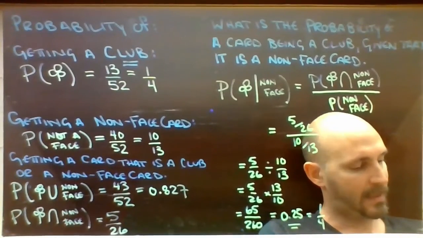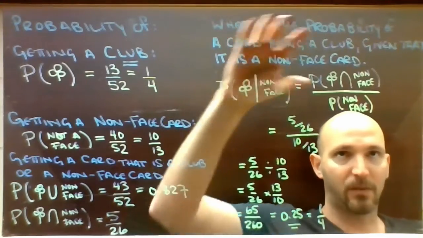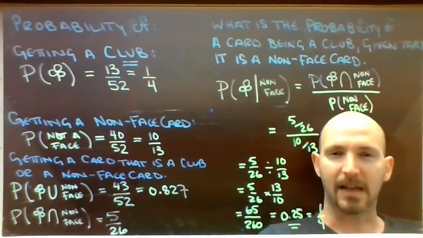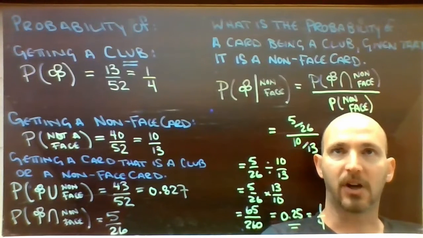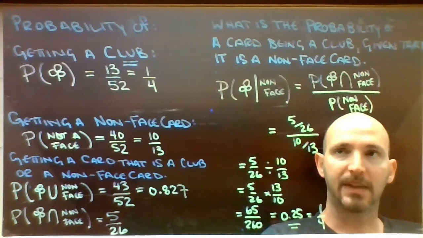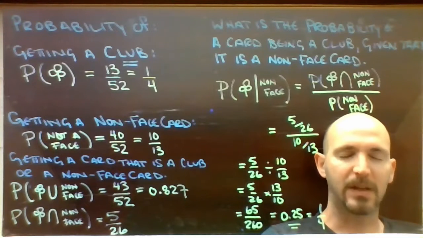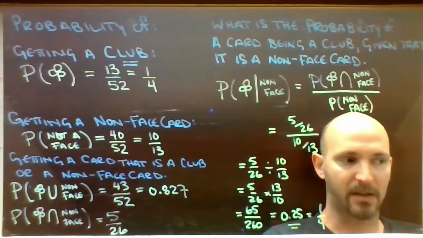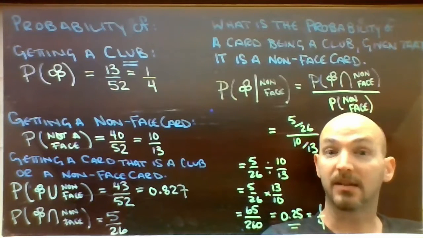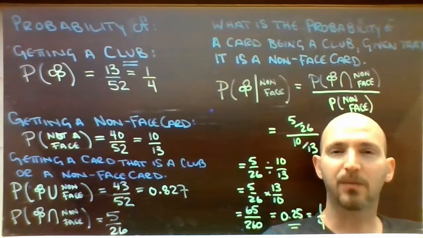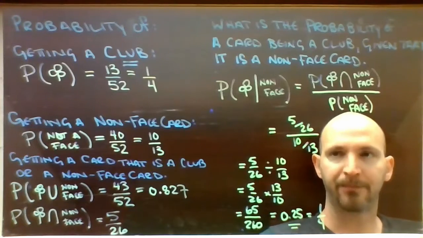So this one is a bit tricky to wrap your brain around about what it's asking you exactly. So that phrasing, what is the probability of a card being a club given that it is a non-face card, is we've decided that it is a non-face card already. So I'm going to use this as a tool, in fact, to test whether things are independent.